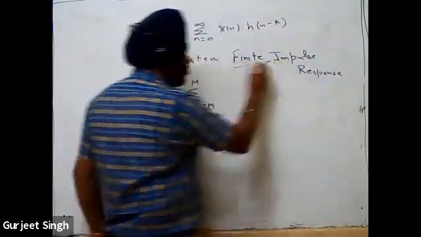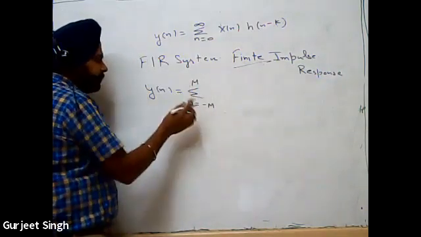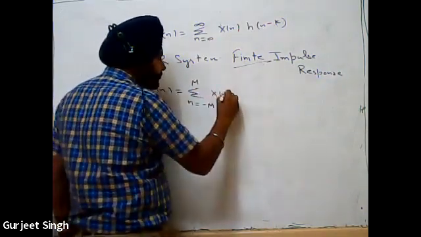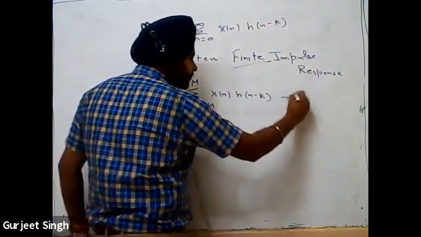So finite means we are taking finite samples, k is equal to minus M to M, x[k] h[n minus k]. This is the first equation.